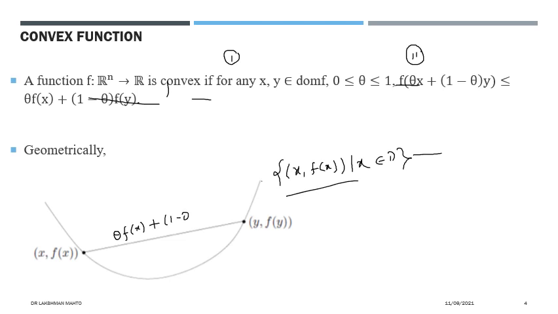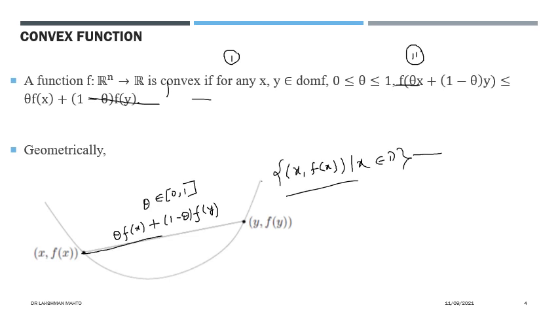It is just a convex combination of the given points on the graph. This is the equation. And what is the condition on theta? Theta must be between 0 and 1 in order to define a convex combination. It may be 0, it may be 1. So theta takes values between 0 and 1. So this is the line segment.